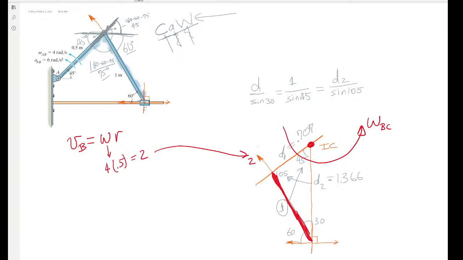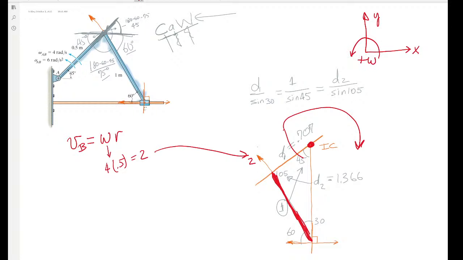And I've drawn it the other way, so it actually rotates this way. And again, if I want to keep my sign convention the proper way, this is a positive rotation. So I've essentially got a negative rotation, but in this connotation, it doesn't matter.